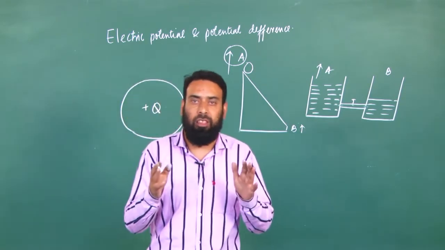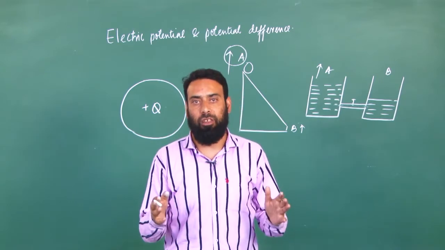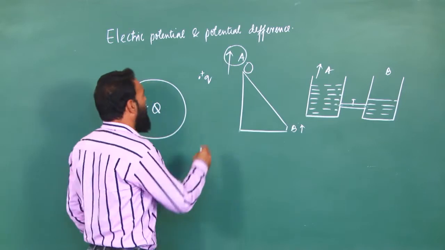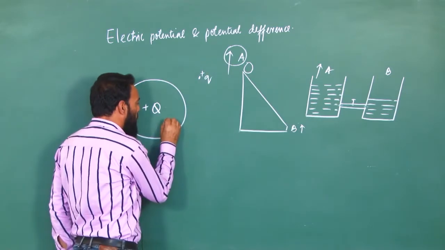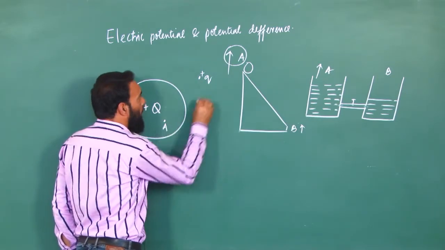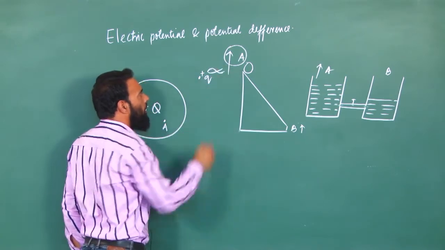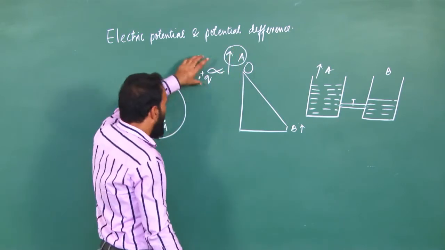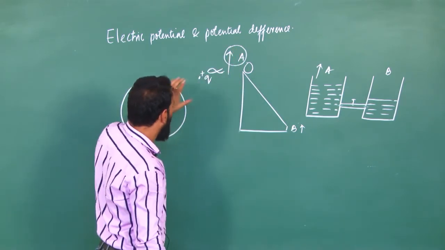So there is neither attraction nor repulsion between these two charges. Let us take this point as infinity, because it is far away from the influence of the charge Q. Let us bring this small charge from infinity to point A.